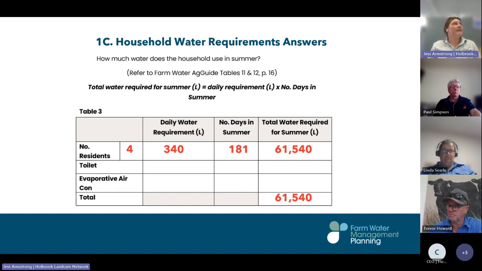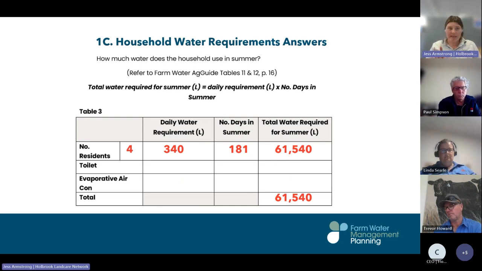And of course, we just times the daily water requirement by the number of days in summer, which is going to give us 61,540 litres of water that we need to meet our household needs in summertime.